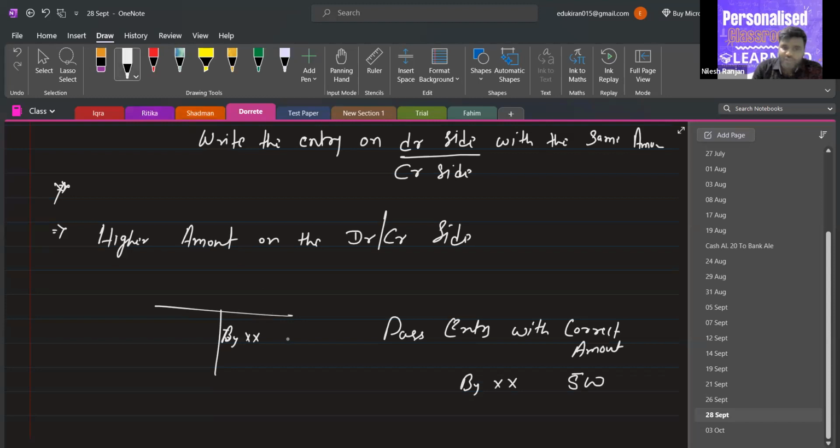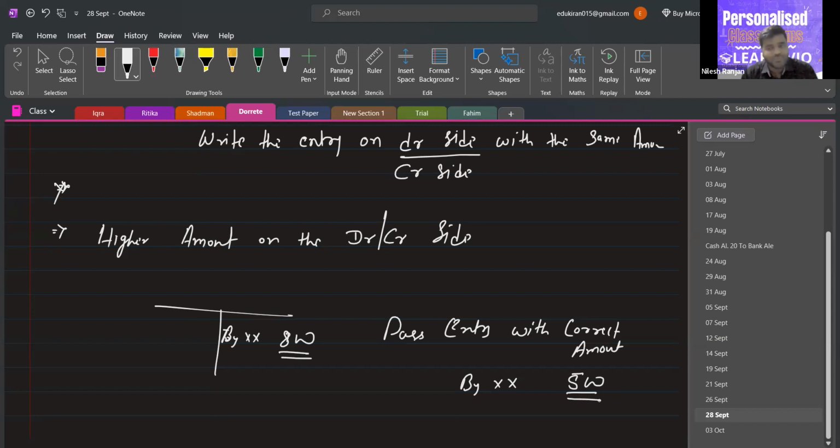So now the total will become 1300. 800 is already existing on the credit side, and 500 you have now written again on the credit side. Yes, sir. It's wrong, sir.